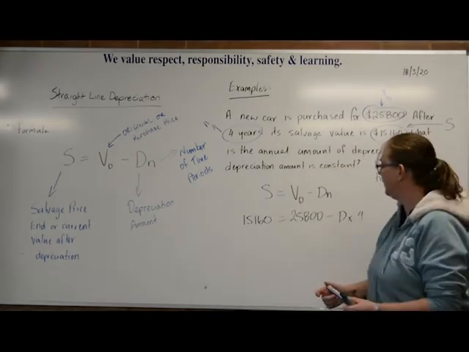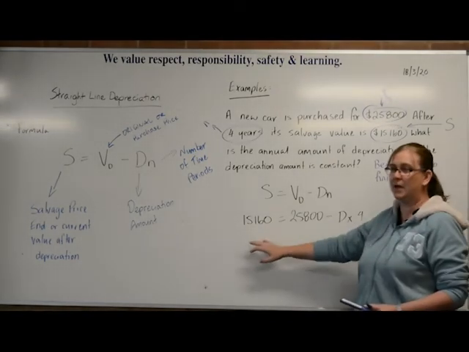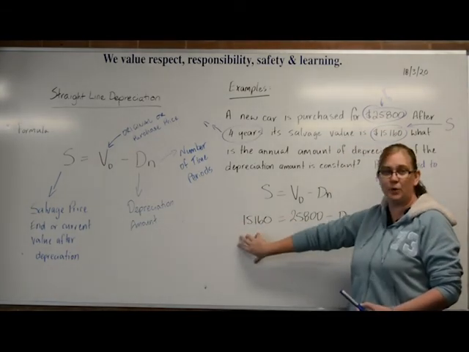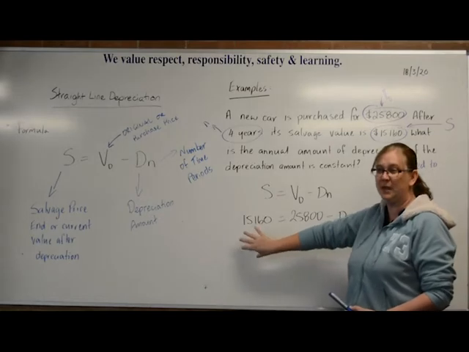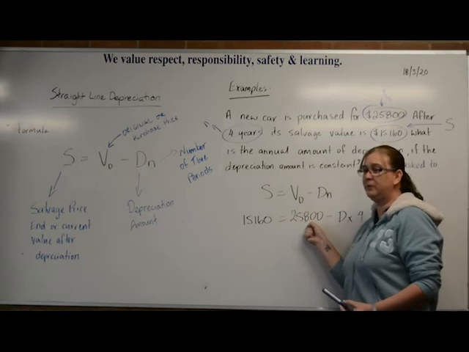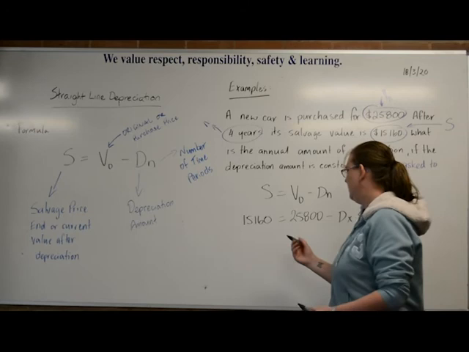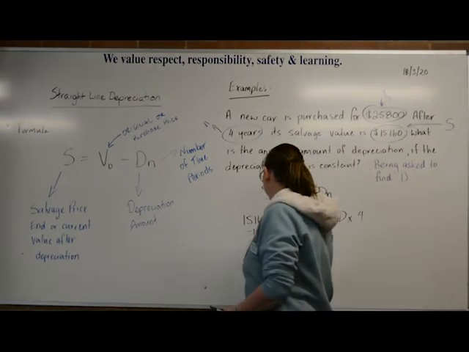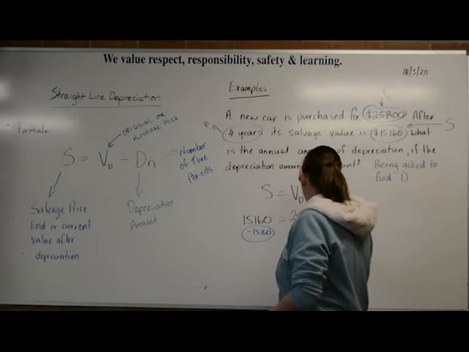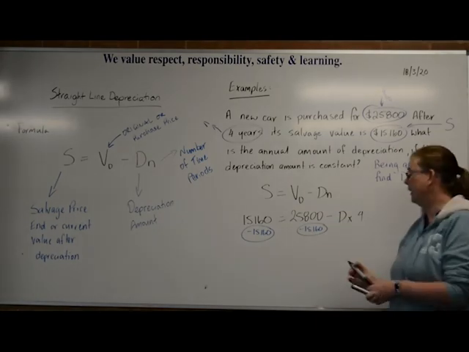A couple of steps need to happen. First, we need to take something from both sides to get these things over here. So I'm going to take 15,160 from both sides, simply because that means I'm going to keep working with a positive number at the end. I can take this one from both sides, but then I'm working with negative numbers, and that's just not very nice. So what will I be left with over here?